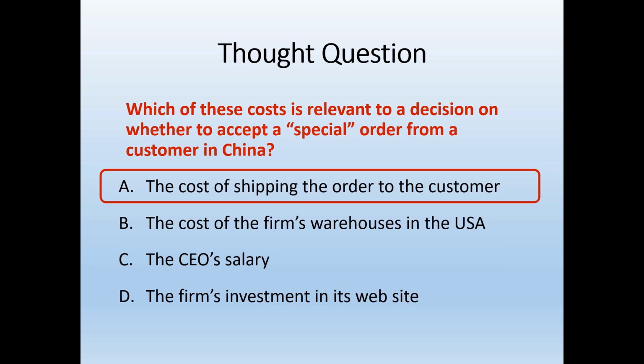The cost of the warehouse, the CEO's salary, the firm's investment in its websites are irrelevant to the decision because those costs will exist regardless of whether the firm accepts the special order.